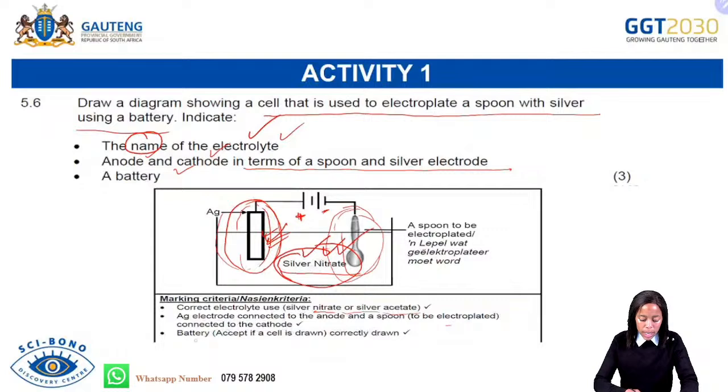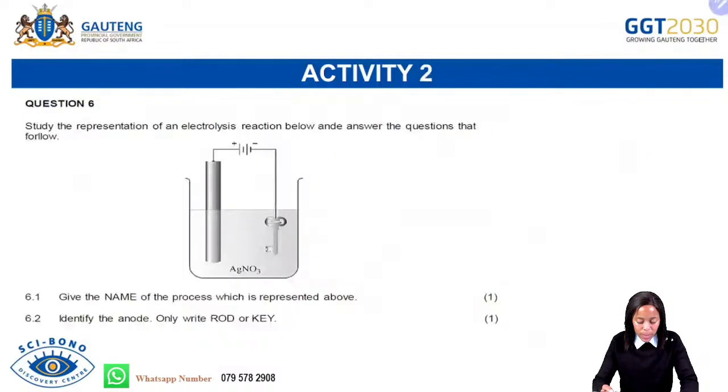And then it says here, we need to have a battery, and then accept a cell if drawn correctly. So remember, a cell will be represented in this way. If we have more than one cell, that is when we have a battery there. So that will therefore be 3 marks there.